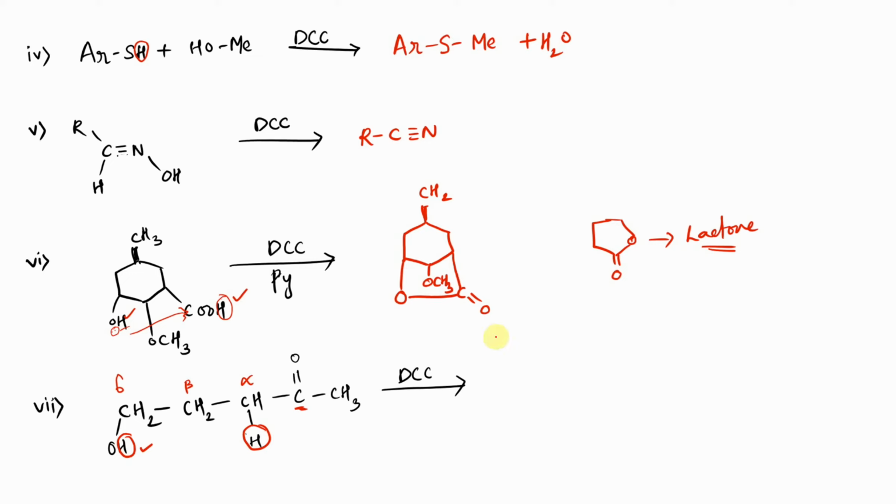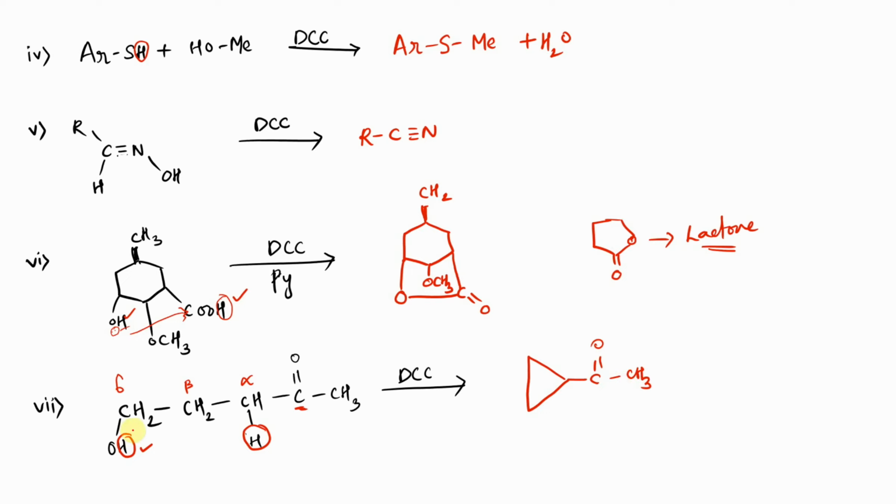So when you treat DCC with a compound containing alpha and gamma hydrogen, we'll be involved in the formation of a 3-membered ring structure. During the formation of this 3-membered ring, a molecule of water will be removed, leading to a product with a 3-membered carbon ring, attached to a carbonyl group and a CH3 group.